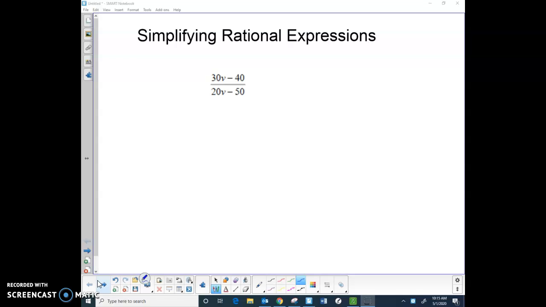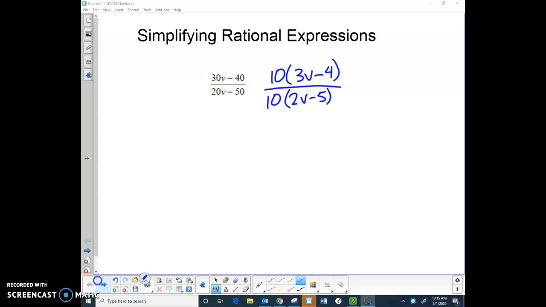For this one, if we look at the numerator, that 30b minus 40, we can obviously see that a 10 comes out of there. So I can rewrite this as 10 times 3b minus 4. The bottom, again, we can see that a 10 is going to come out of there, so we've got 2b minus 5 left over. Now what we're looking for is numbers we can cancel.